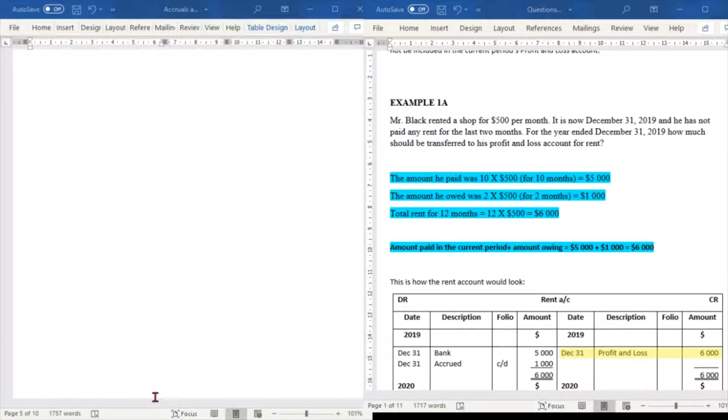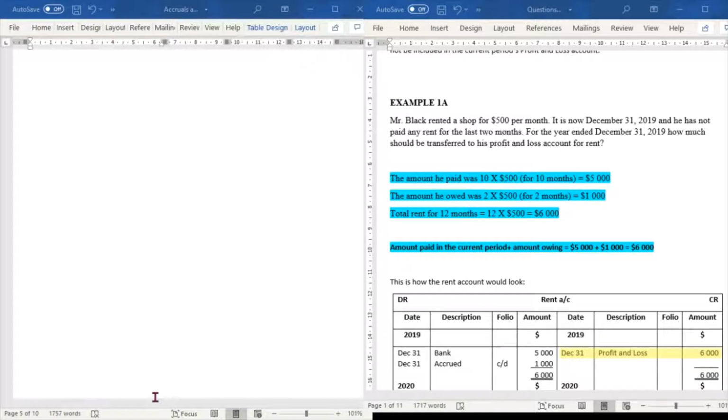Let us look at an example. Mr. Black rented a shop for $500 per month. It is now December 31, 2019, and he has not paid any rent for the last 2 months. For the year ended December 31, 2019, how much should be transferred to his profit and loss account for rent?